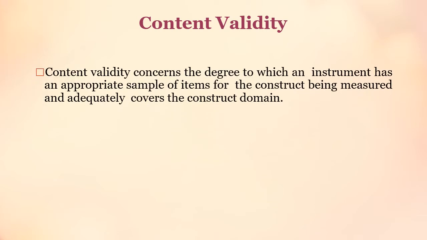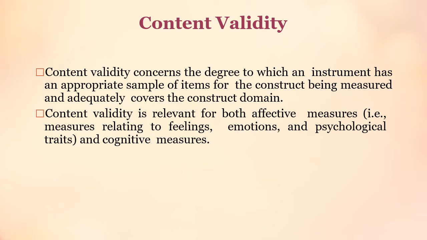Next, content validity. Content validity concerns the degree to which an instrument has an appropriate sample of items for the construct being measured, that it adequately covers the construct domain. For example, when we are doing research, we send the content for validation.